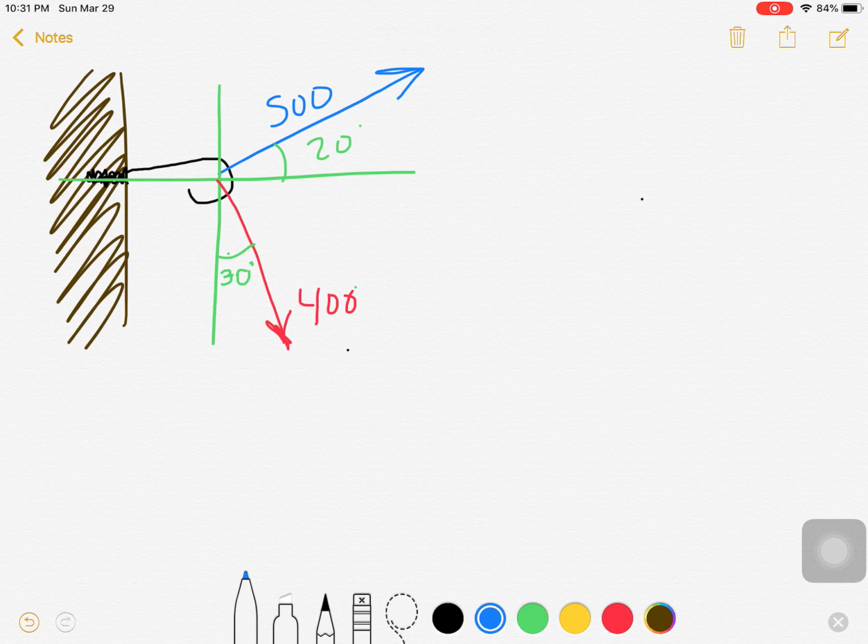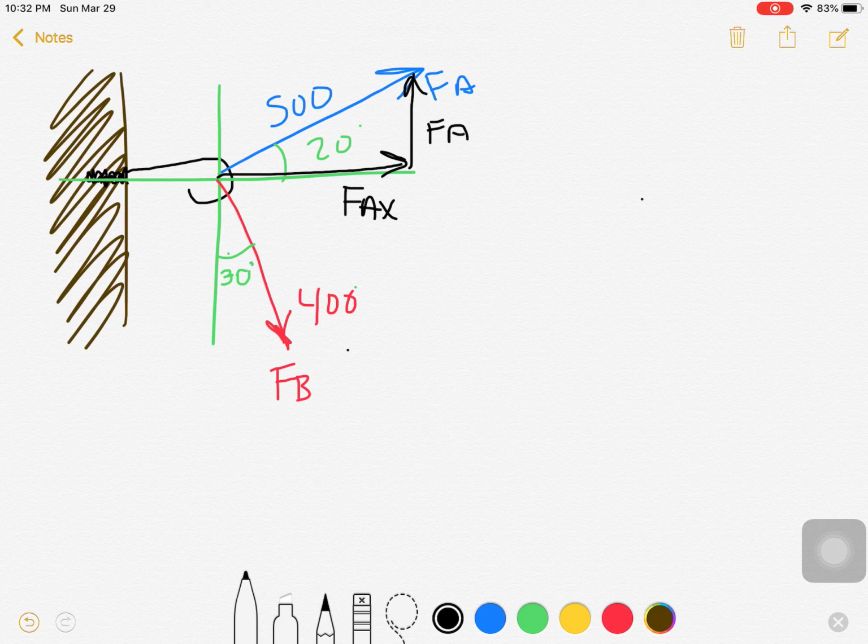For simplicity's sake, let's call this force A and this force B. So let's go ahead, we'll start with force A. It's composed of what we'll call force A in the x and force A in the y. So the x and y components of force A. And we'll do this just like we had before.